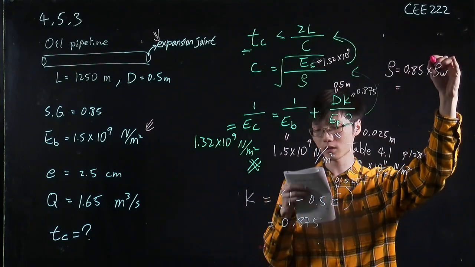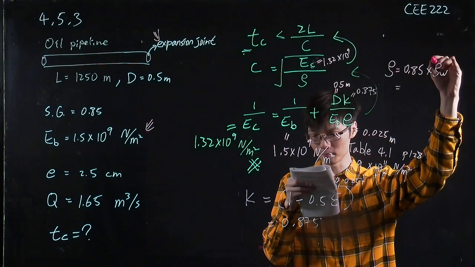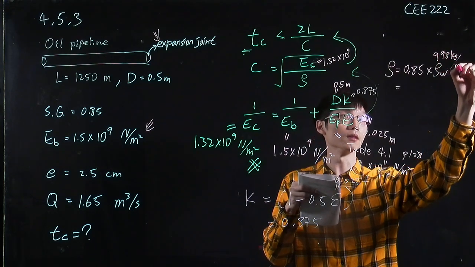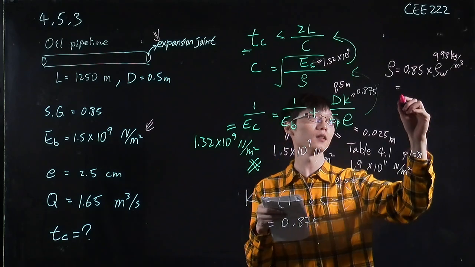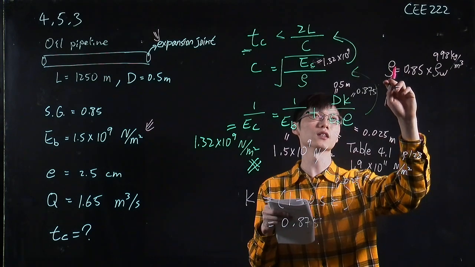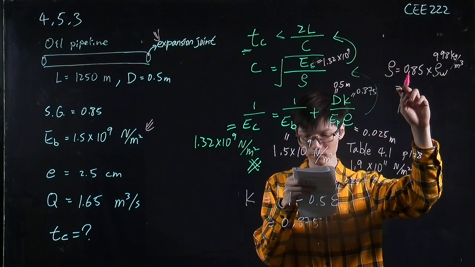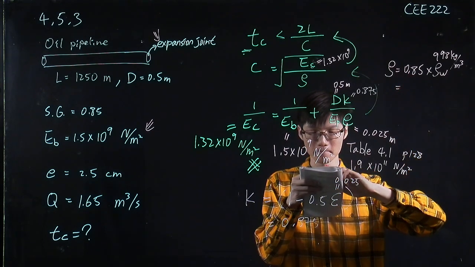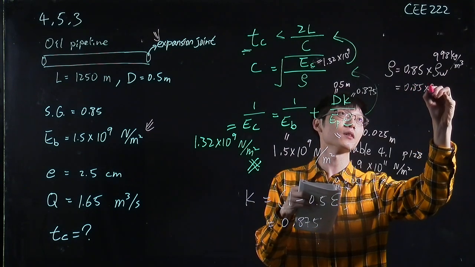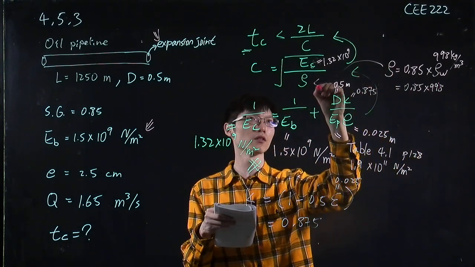The water's density is equal to 998 kilogram per cubic meter. Okay, so we get the density of the oil equal to 0.85 times 998.